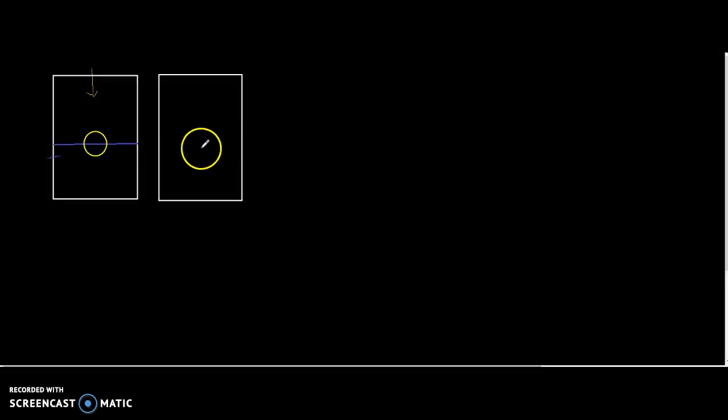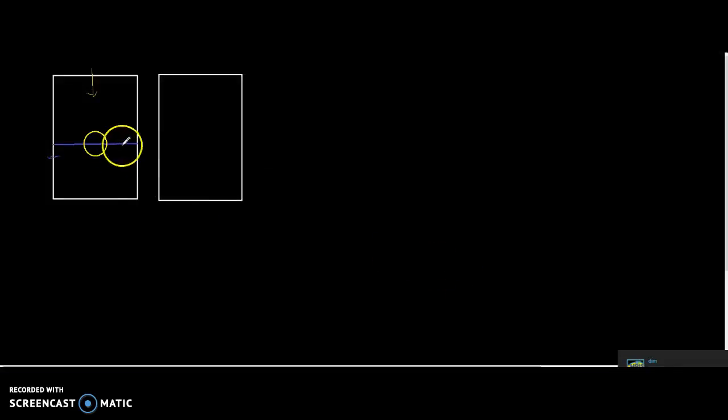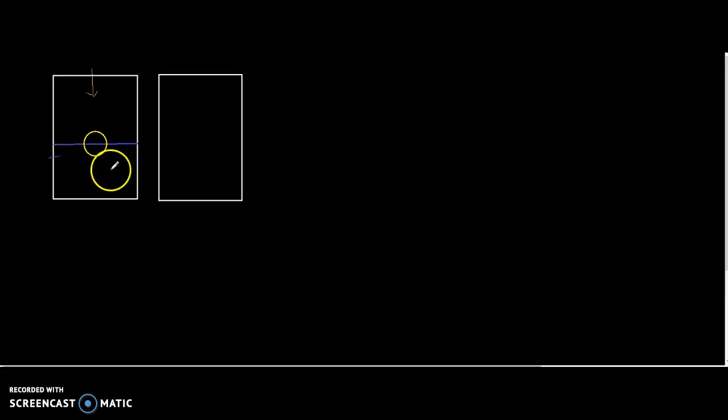And the other reason why the oil has a different slope is as you're adding oil to the top, the duck is being supported by that oil you're adding. Therefore, the duck would also displace the oil and make the slope greater because it's displacing the oil as you're adding it. But once the water level is constant over here, it indicates that the duck is no longer being supported by the water, because the water level only changes when the amount of weight it displaces changes.